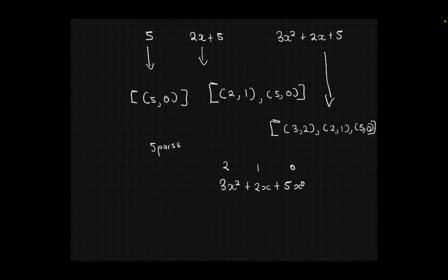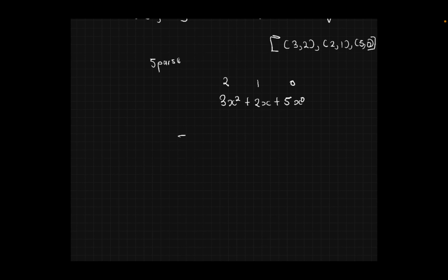So you can take the index of an array as the power. Index 0 is associated with x raised to the power of 0, which is the constant. Then index 1 is associated with x to the power of 1, and index 2 with x to the power of 2, right?